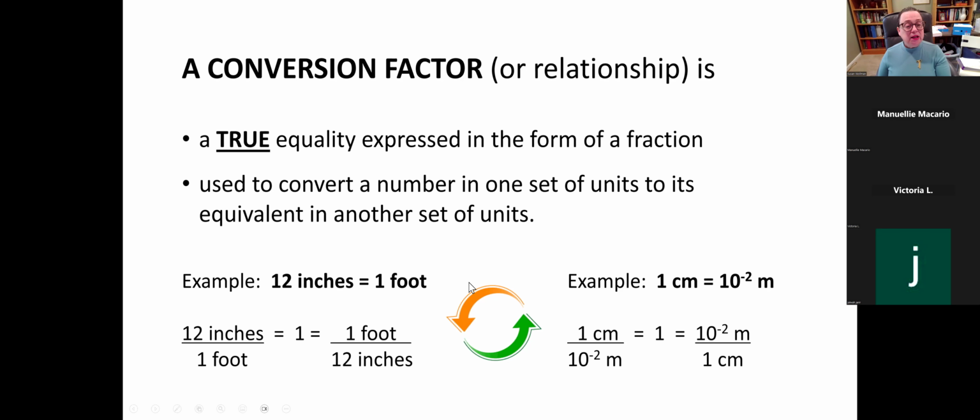Okay. Chemistry, I can tell you right now, the bulk of what we're going to be looking at, the bulk of our relationships, the bulk of our connections between things are going to look just like 12 inches equals 1 foot, or 1 centimeter equals 10 to the minus 2 meters. They're all there.